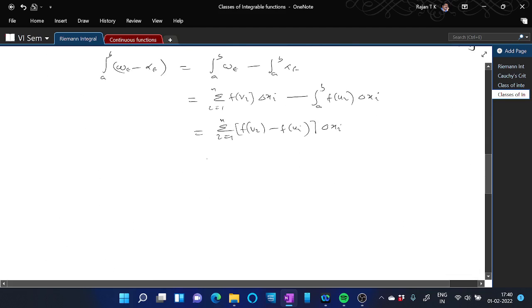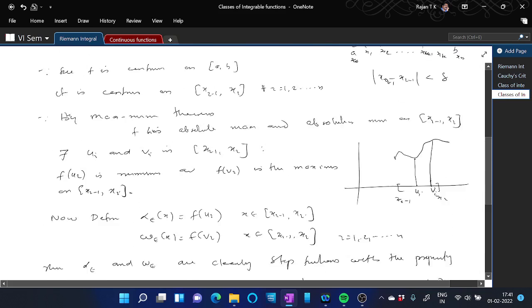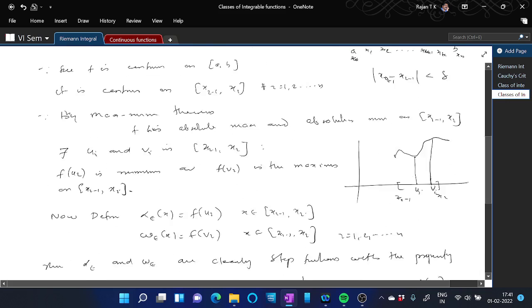And therefore, this is clearly less than the sum over i equal to 1 to n of epsilon divided by (b minus a) into delta x_i. Here by (1) means the condition of uniform continuity.